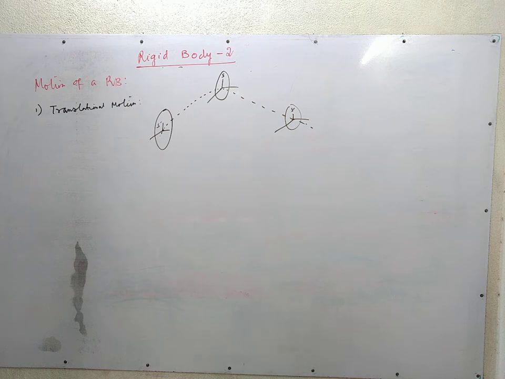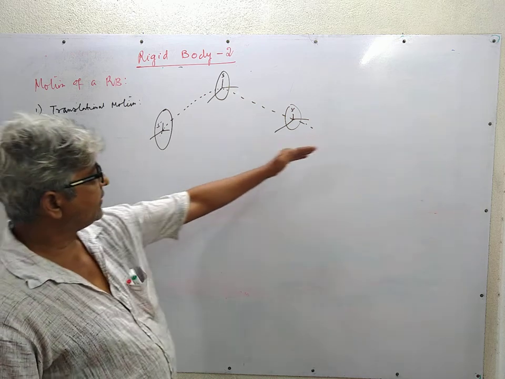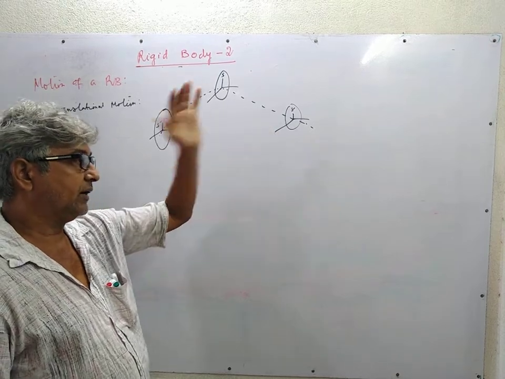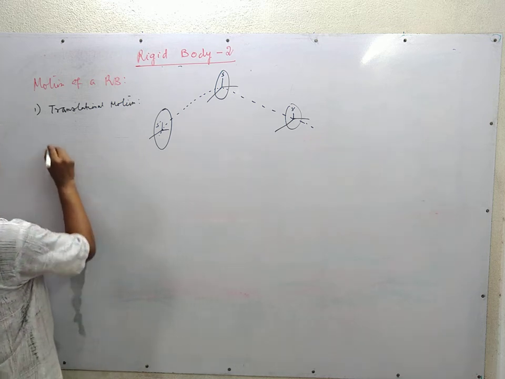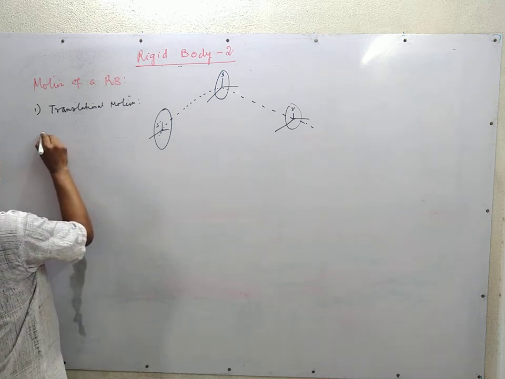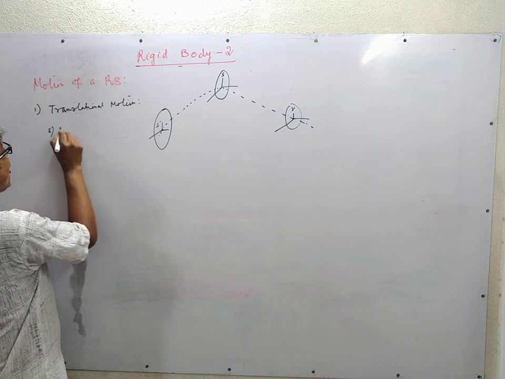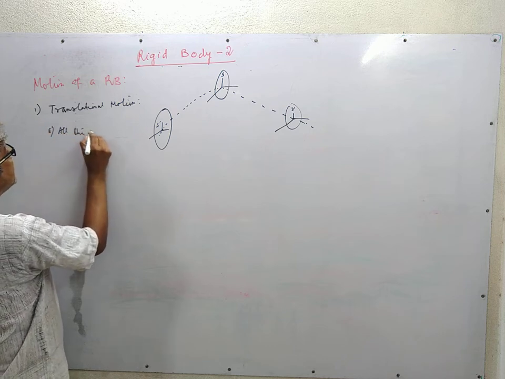And if the body moves along a straight line, this trajectory is a straight line, then we call it a rectilinear translational motion.